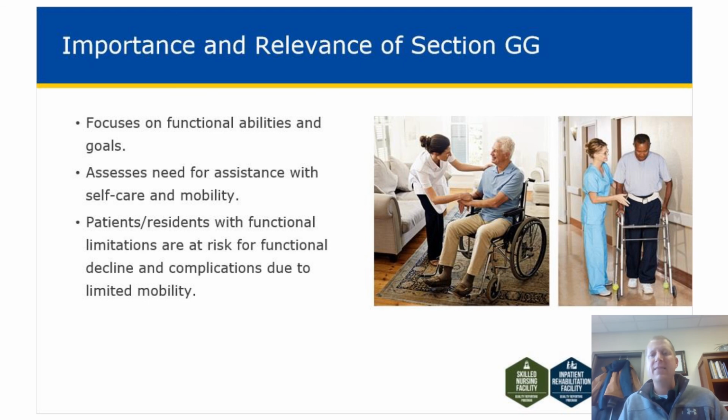So if we can identify the need sooner and their level of assist sooner, and we can provide more care earlier in the process, we probably could prevent further functional decline, right, from just general debility. We could prevent things like bed sores or pressure sores. We could prevent things from pain and contractures to all kinds of things. And we know research has said the earlier we get patients up and moving, the more functional their hospital stay will be.